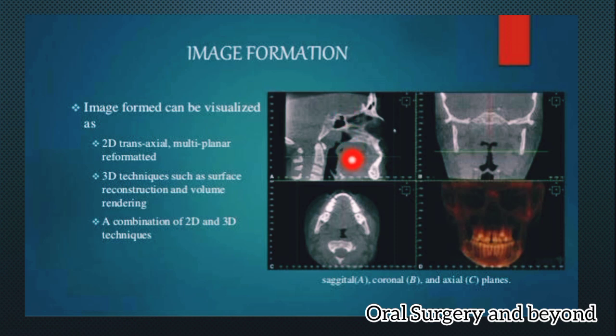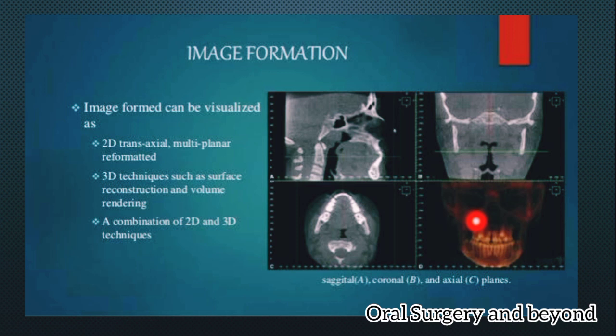Image formation: as I already said, whenever DICOM data is collected by the computer, the software on the computer forms accurate images, converting the 2D images into 3D images and forming the sagittal, coronal, axial and the three reconstructed images.